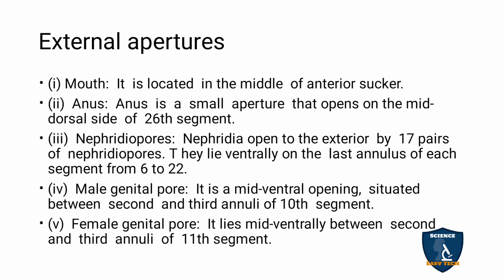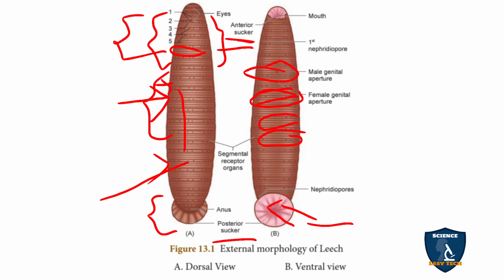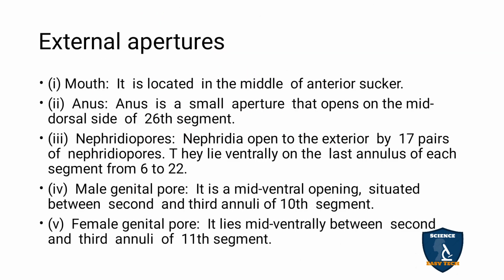Nephridiophores are used in excretion, and they are present from the 6th to the 22nd segment. They are external, with 17 pairs present, in segments 6 to 22.